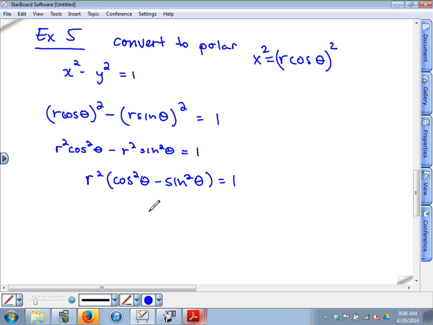Yeah, this is getting pretty deep. Does anybody recognize this? You should if you took the test on Friday and did pretty well. It's a double angle identity. This is cosine of 2 theta. So this is r squared cosine 2 theta is equal to 1.